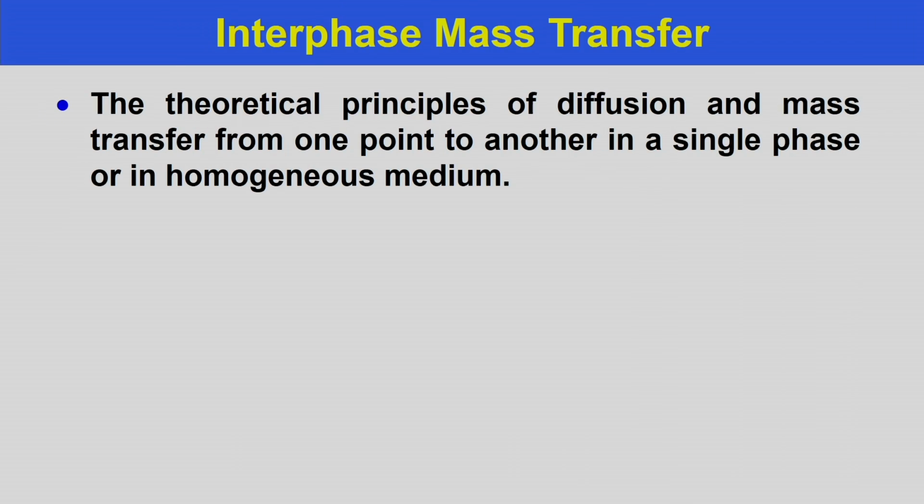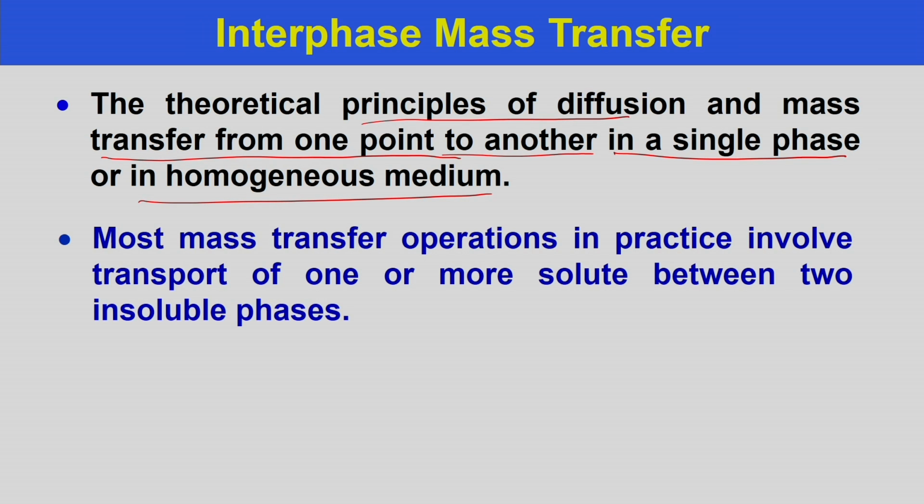We have discussed the theoretical principles of diffusion and the mass transfer from one point to another in a single phase or in a homogeneous medium. But if we look at mass transfer operation in practice, it involves transport of one or more solutes between insoluble phases.